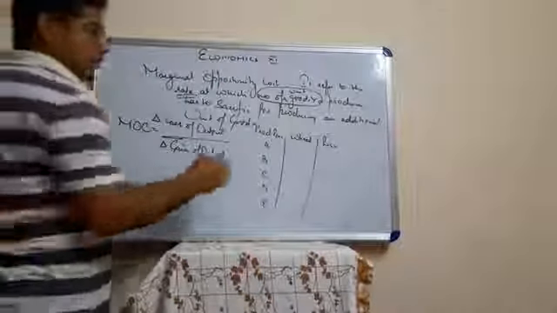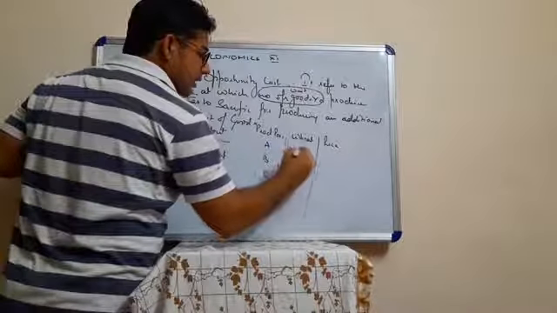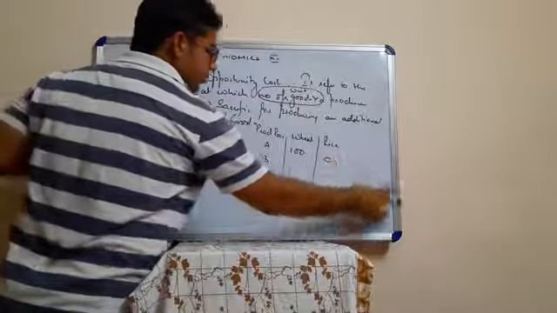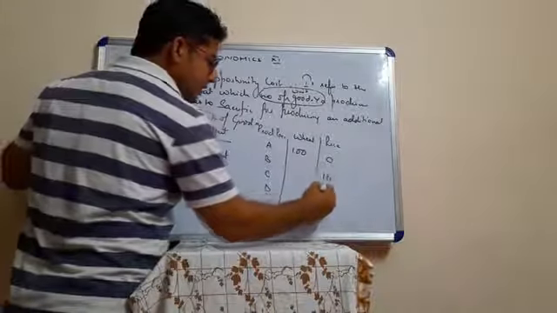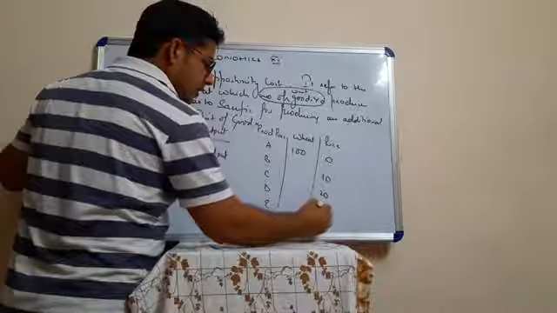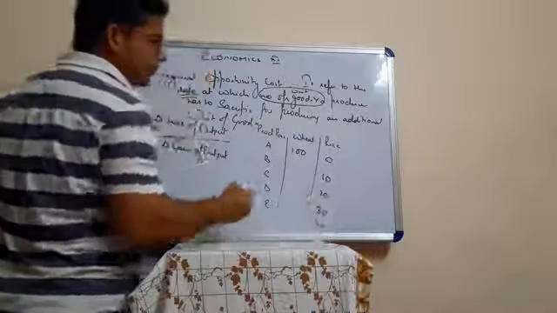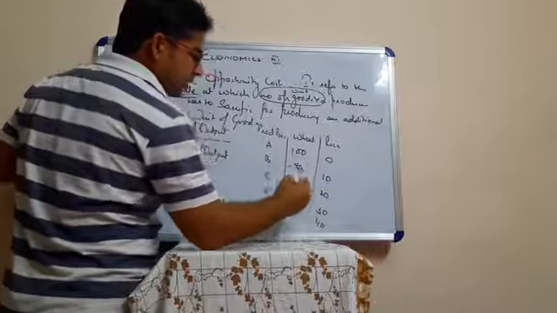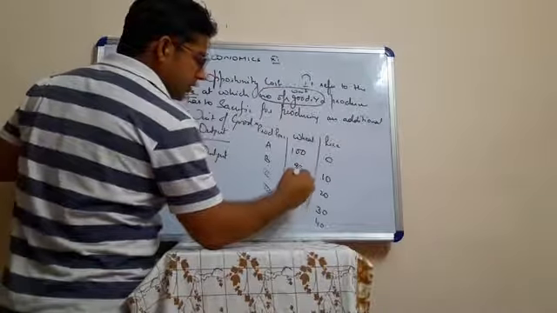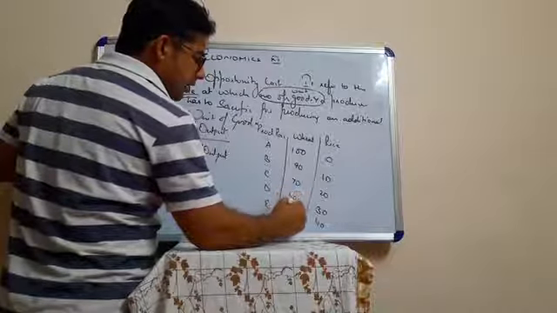If you remember, the schedule was like 100 units of wheat and 0 units of rice. Now when we increase the units of rice, it was 10, 20, 30 and 40. And here we used to decrease wheat: 10 we have decreased, now 20, now 30, and now 40.